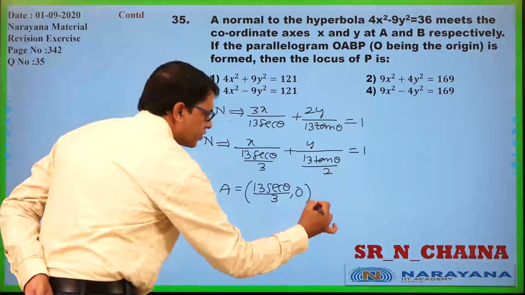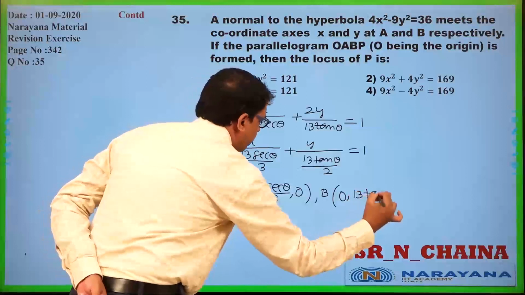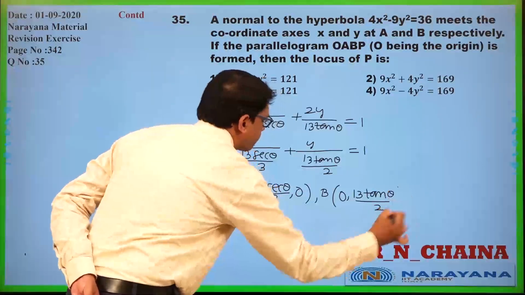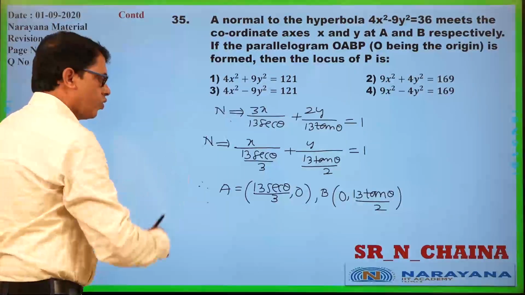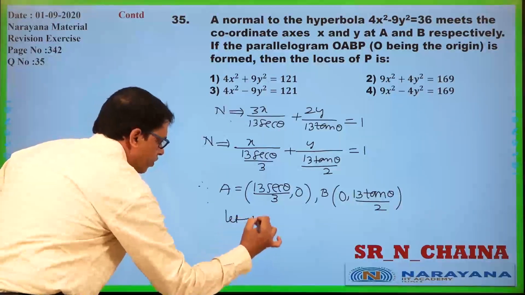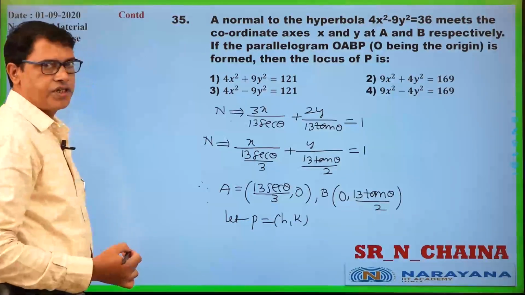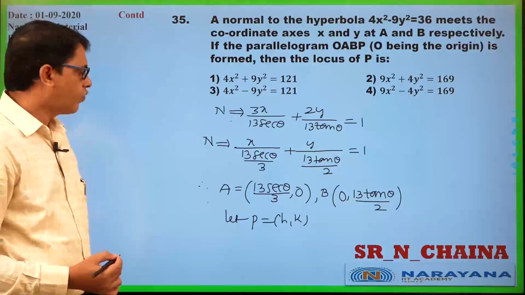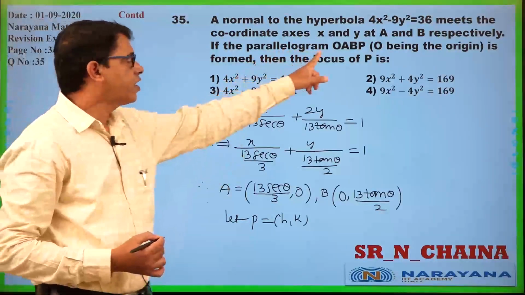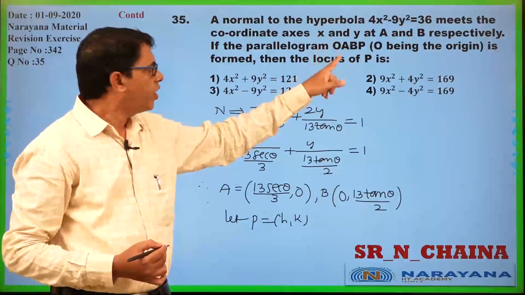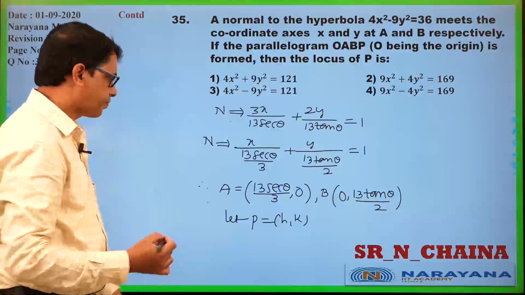B coordinates 0 comma 13 tan theta upon 2. Here we have to find the locus of P. So let P coordinates equal to some h comma k. So what is the condition? We have to find the locus of P so that OAPB forms a parallelogram.